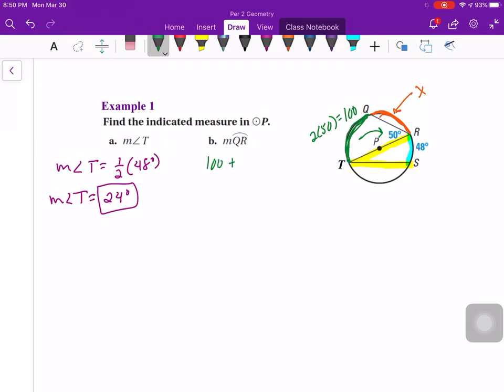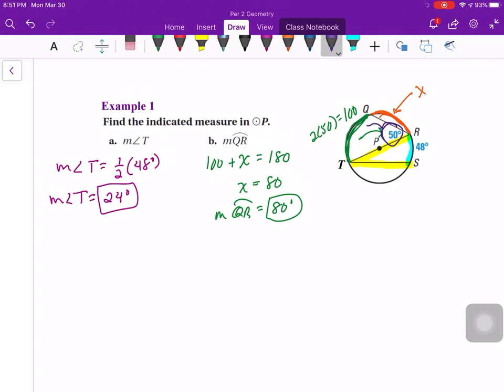And then because TR is a diameter, we know that if we add 100 plus the arc we're looking for, QR, we'll get a semicircle, 180. So we find out that our arc that we're looking for, QR, would be 80 degrees.